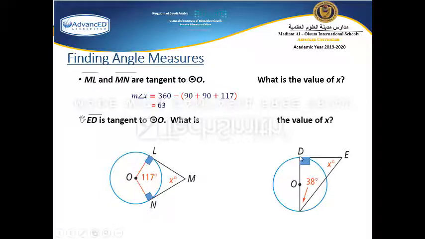ODE is also a right angle. Since we have two given angles, the right angle 90 degrees and this angle 38, we can find the third angle of the triangle by subtracting their sum from 180 to get that the measure of angle X equals 52.